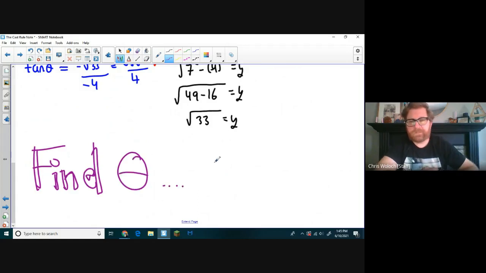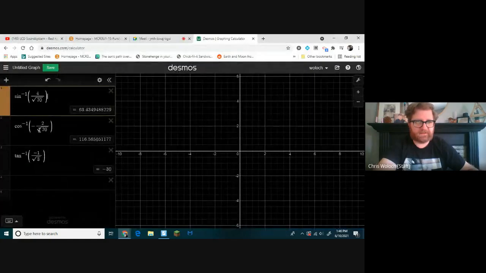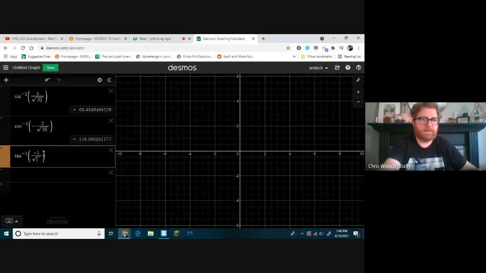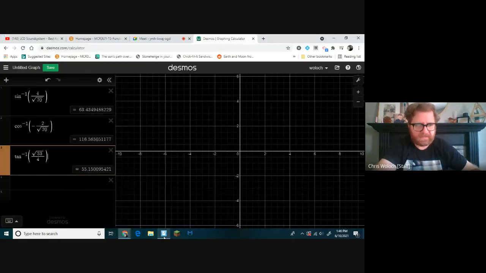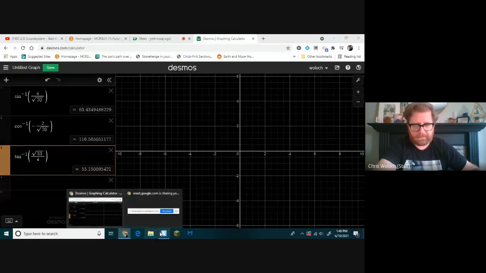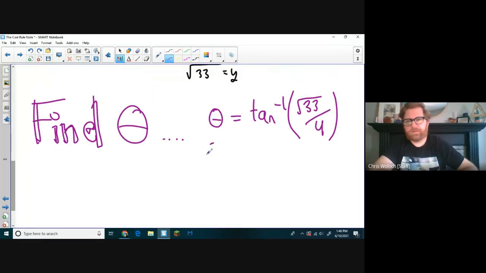So again, if we use tangent, then we'll get the related acute. So let's check it out. Right, so it was 33 over 4. So I get 55. All right. So I guess theta equals 55.